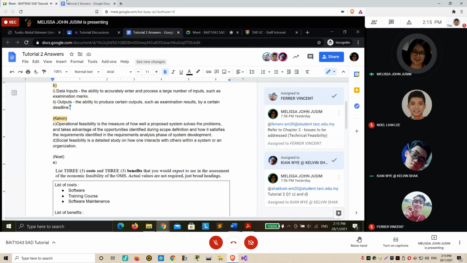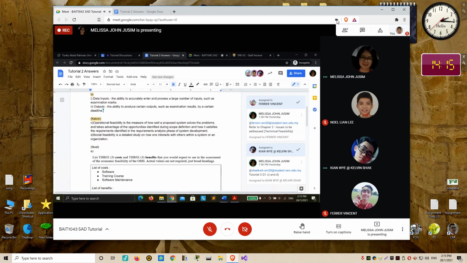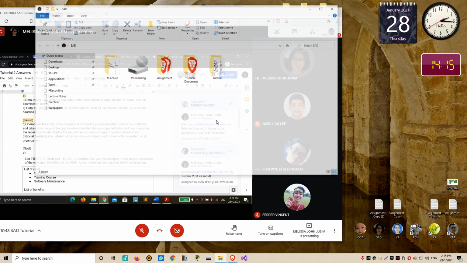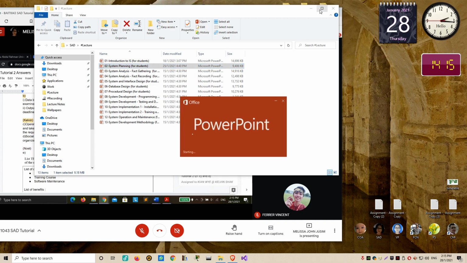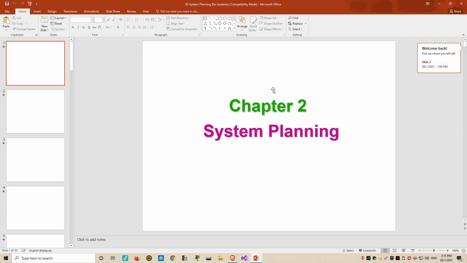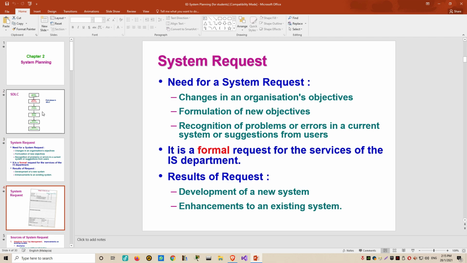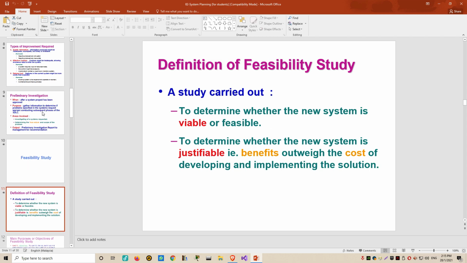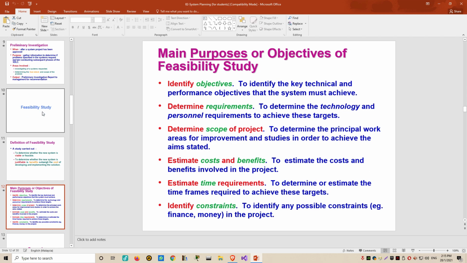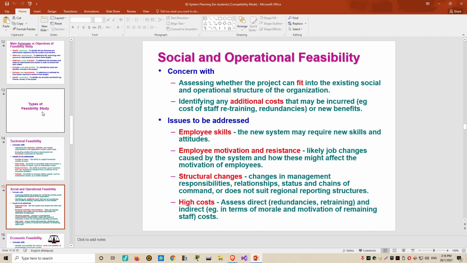In fact, you can get this from your notes. Can you refer to your notes? What is meant by operational and social feasibility? It assesses whether the project can operate in the existing social and operational structure of the organization.